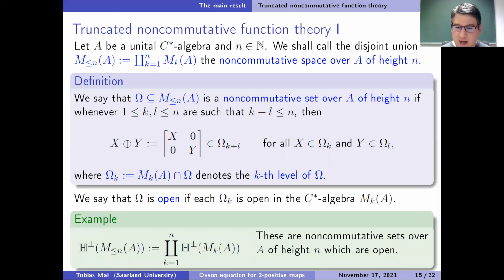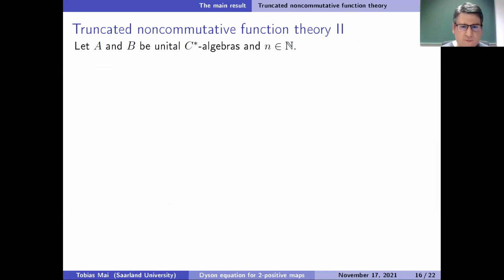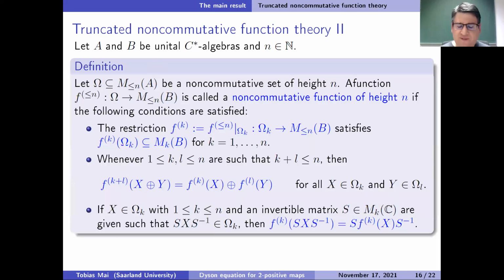One particular example, which will be important in the sequel, is that of the upper half plane. So here I'm considering the A-valued upper half planes in M_K(A) for certain dimensions K at once. This is the matrix valued upper half plane. Then you define, precisely as in the usual setting, what a non-commutative function is.